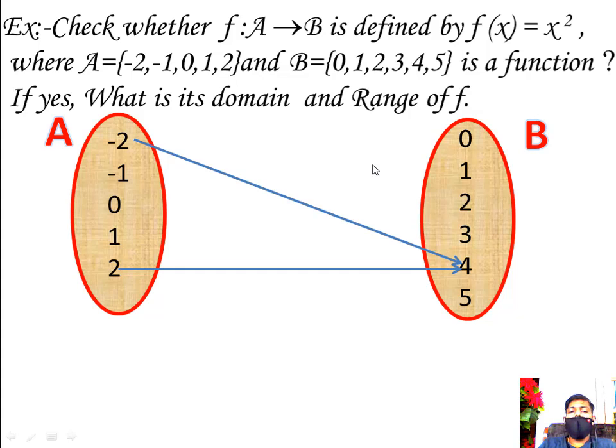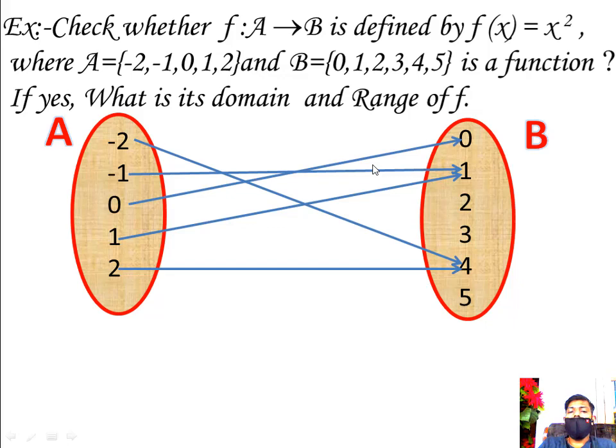Similarly, if you put x equal to -1, then f of -1 is equal to (-1) whole square, that is +1. And if you put x equal to 1, then f of 1 is equal to 1 square, that is again +1. Therefore, the image of -1 and +1 is +1. And what about the image of 0? f of 0 is equal to 0 square, that is 0. Therefore, the image of 0 is 0.